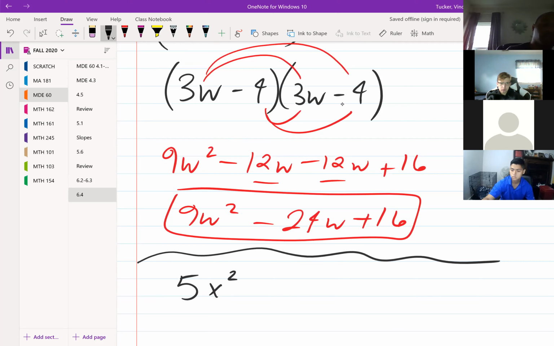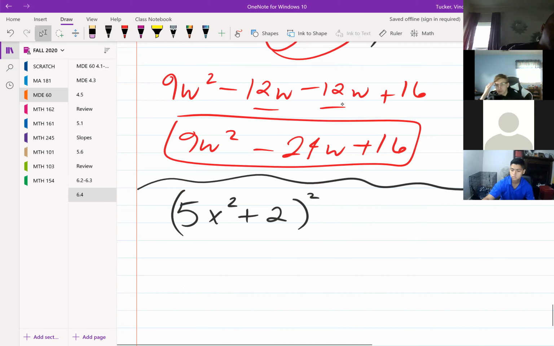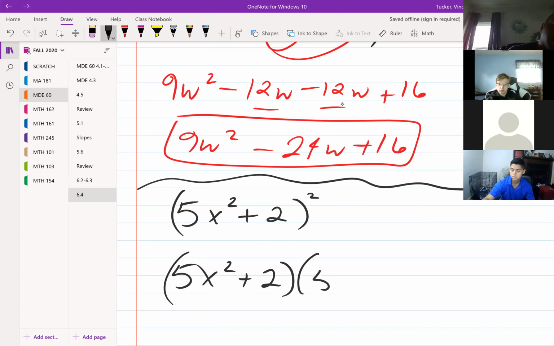All right, so the last one, unless someone needs another example. Same type of scenario as the previous, but we have 5x squared plus 2, all squared. So that's 5x squared plus 2 times 5x squared plus 2.